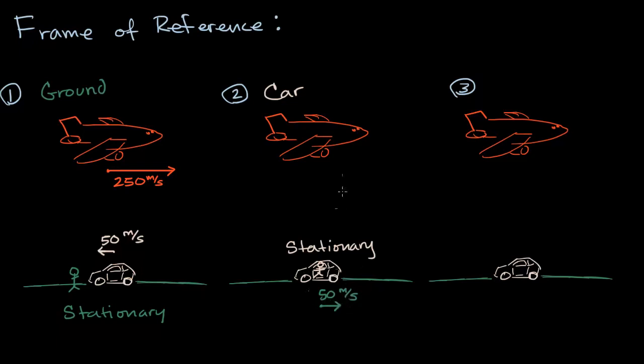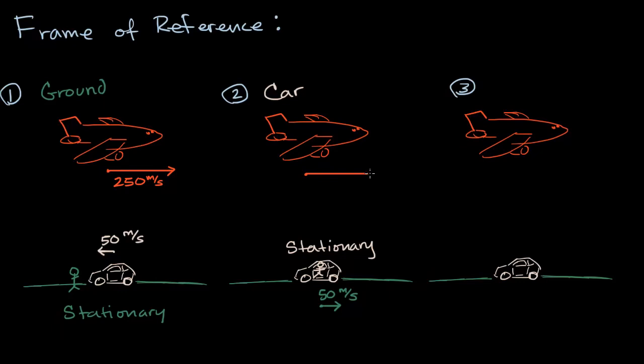Now, what would the plane look like? Well, not only would it look like it's moving to the right at 250 meters per second, but relative to you, it looks like it's going even faster, because you're going past it. You are going to the left, from the ground's point of view, at 50 meters per second.